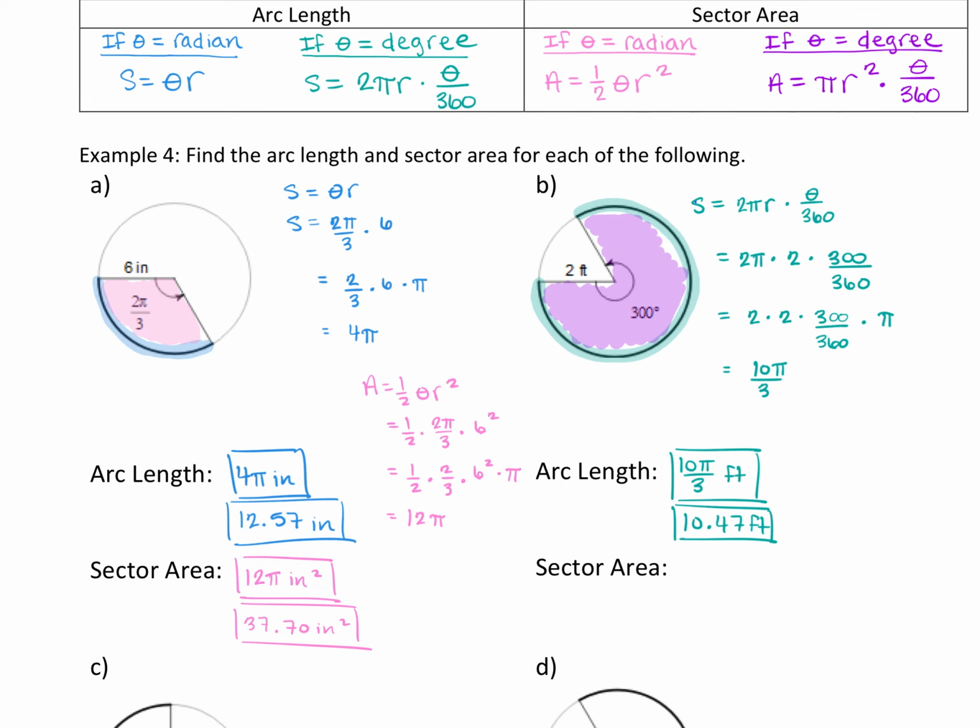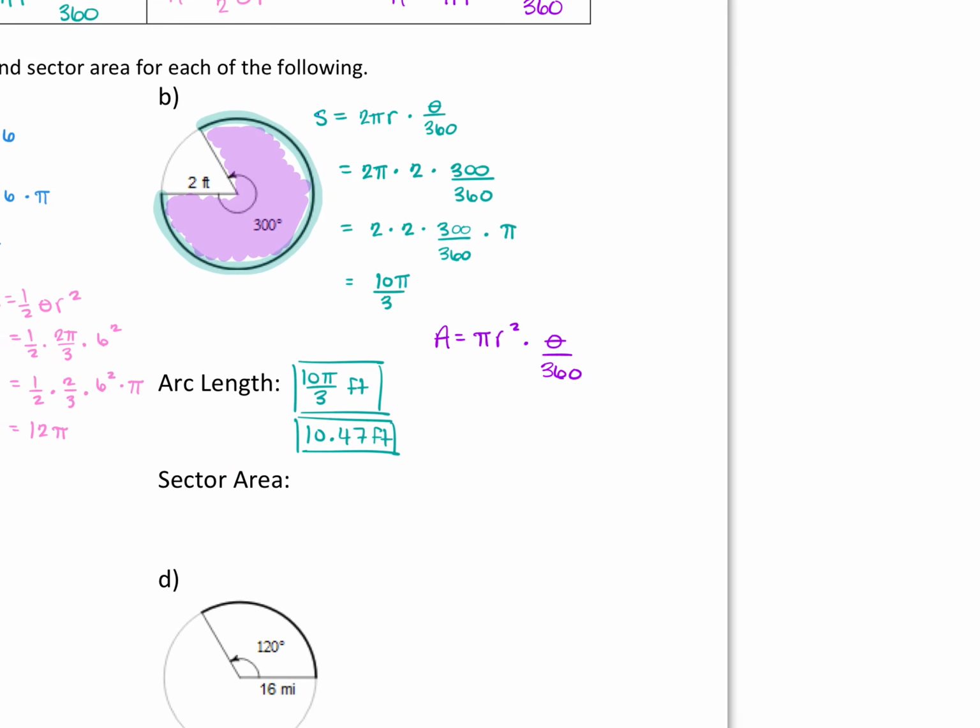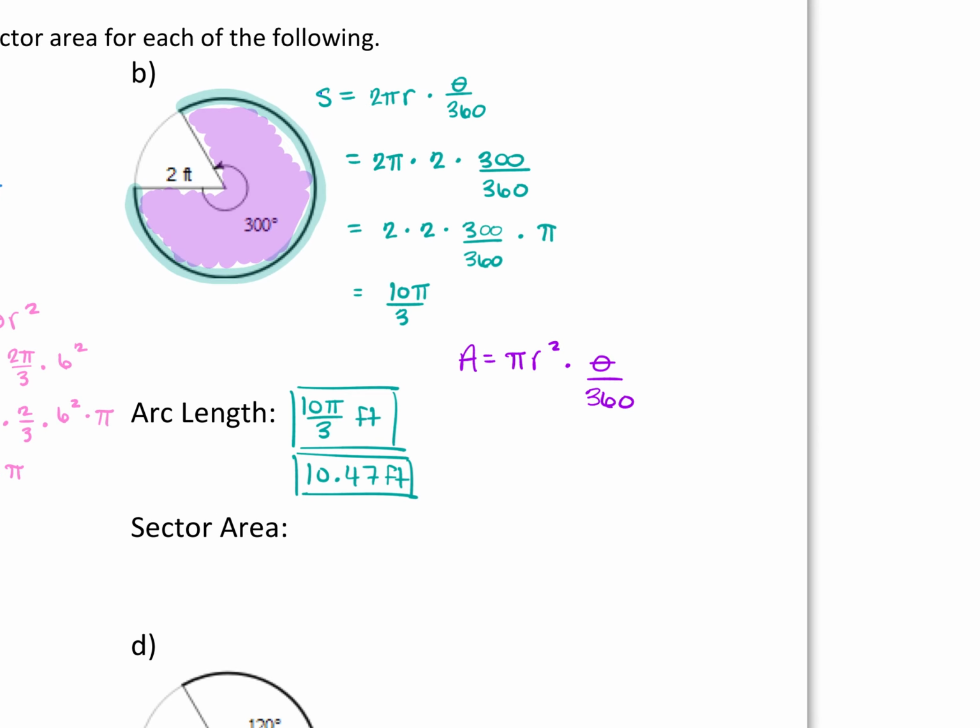So A is equal to pi r squared times theta over 360. This is equal to pi. Our radius is 2. We're squaring that, and we're multiplying that by our theta, which is the angle of 300, divided by 360.